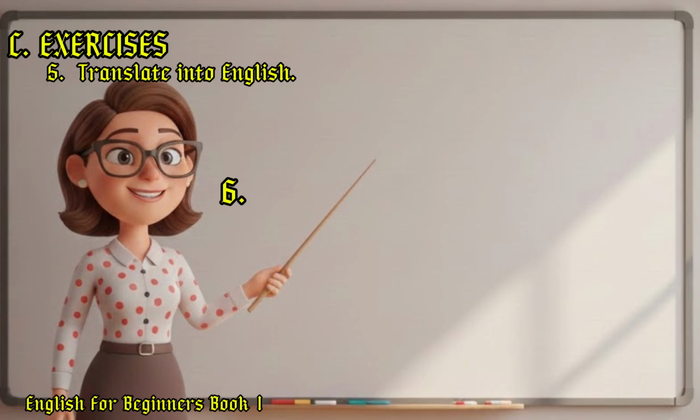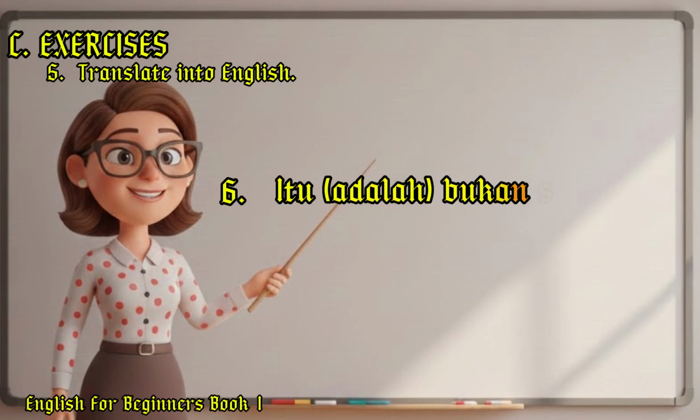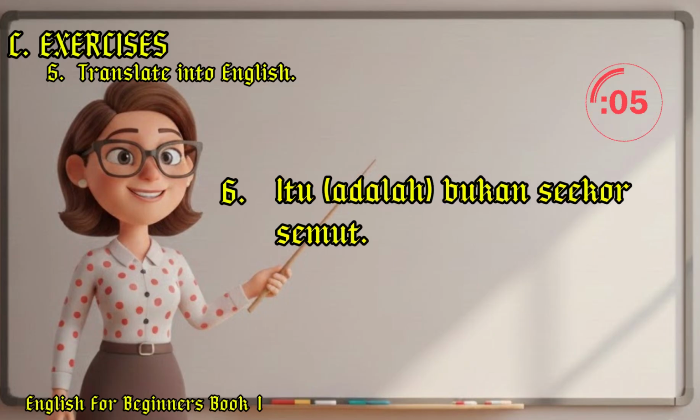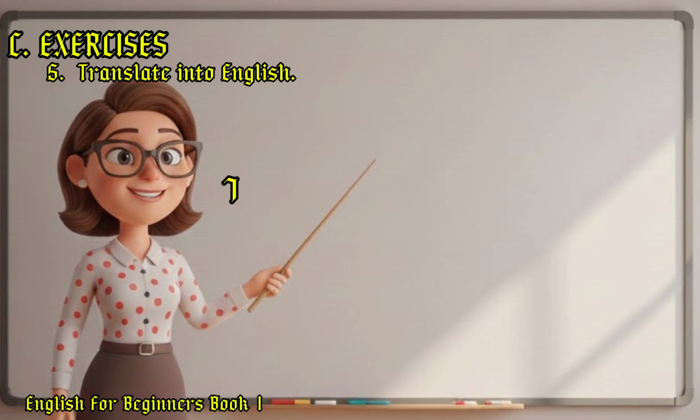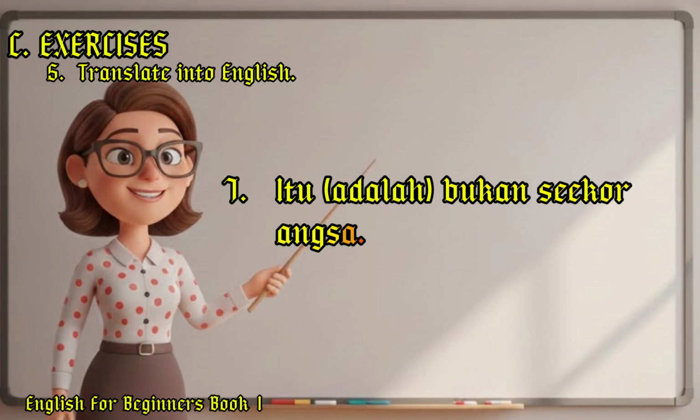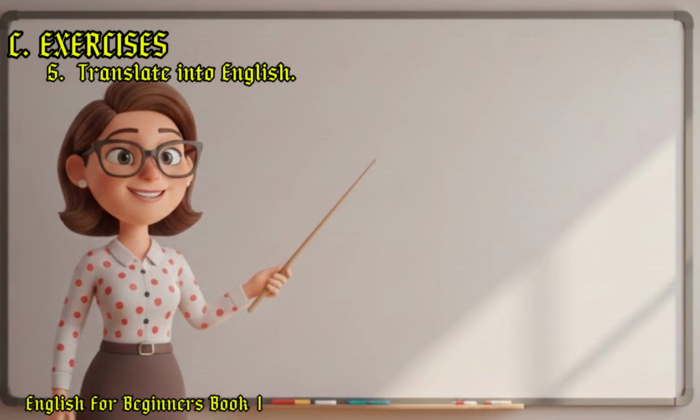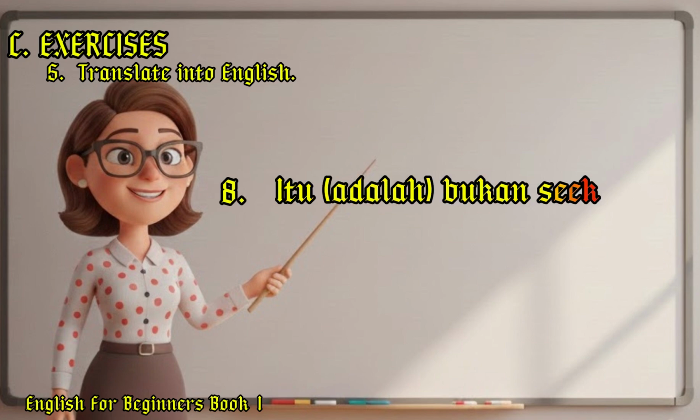6. Itu adalah bukan seekor semut. That is not an ant. 7. Itu adalah bukan seekor angsa. That is not a goose. 8. Itu adalah bukan seekor ular.